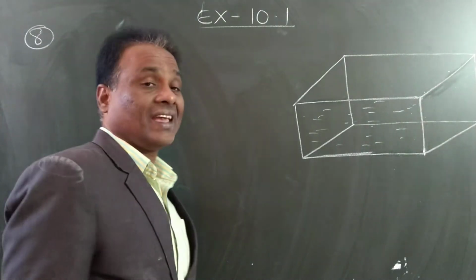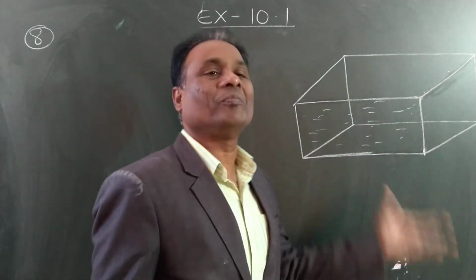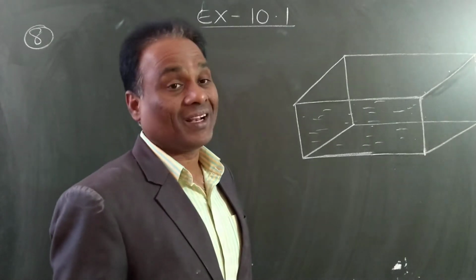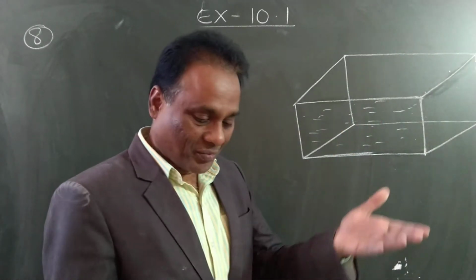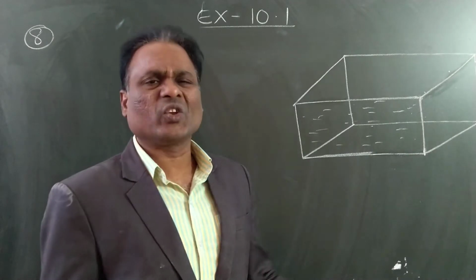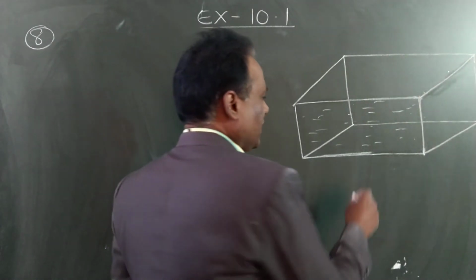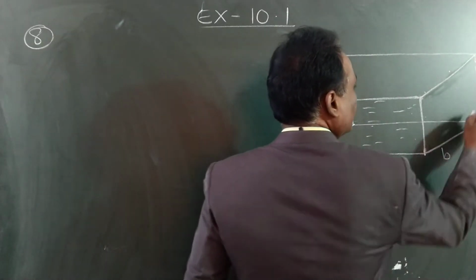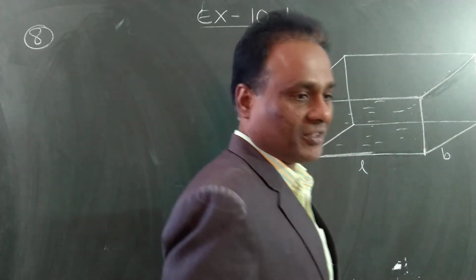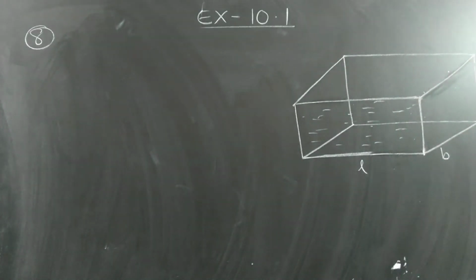So this is a swimming pool. Why I have drawn like this? Because it is in the form of a cuboid. Cuboid means a rectangular box. It will have length, breadth, height. You know what is cuboid? Length, breadth and height.